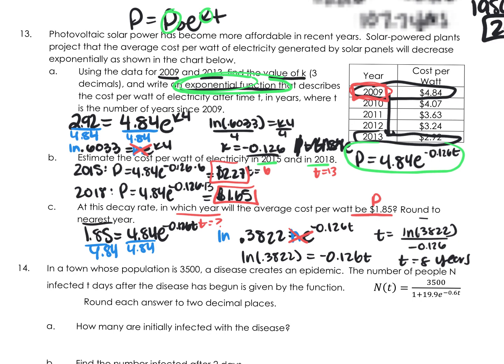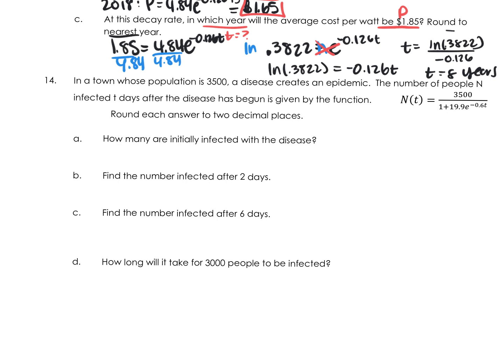All right, last question here. In a town whose population is 3,500, a disease creates an epidemic. The number of people n infected after t days, so n is the number of people infected and t is days after the disease has begun. They give us an equation for this one. This is the logistic growth equation.